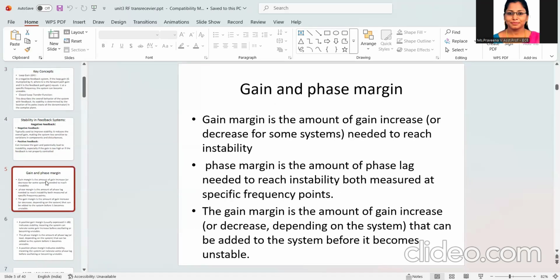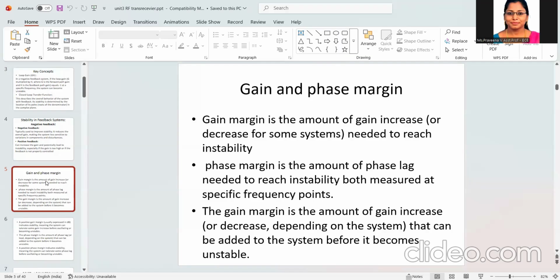Next is gain and phase margin. Gain margin is the amount by which the system gain can be increased before the system becomes unstable. That is the definition. Simply, it indicates how far the system is from instability in terms of gain.